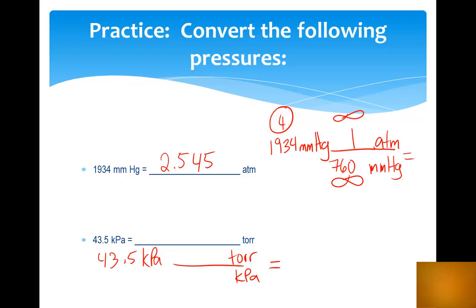When we look back at our equal expression, we will see that there is 101.325 kilopascals equal to 760 torr. And when we plug that into our calculator, we will round to 3 sig figs here because that's less than the 5 here. And we will get 326 torr.